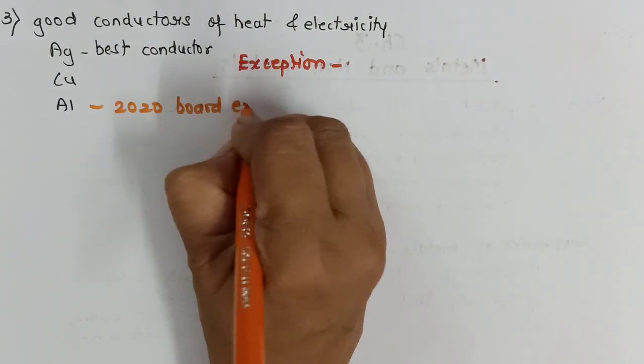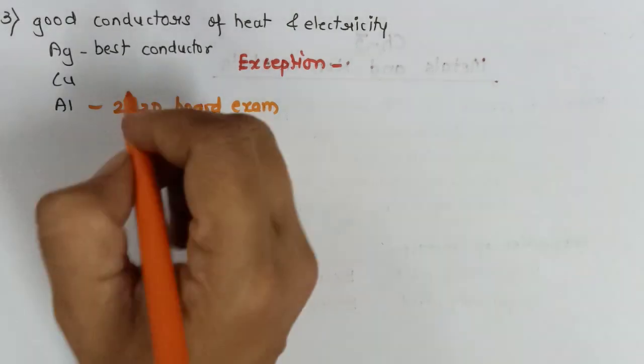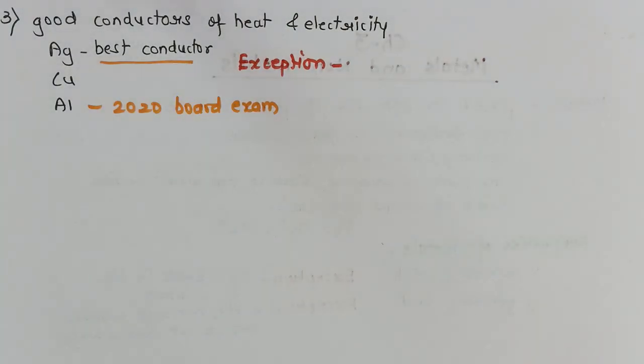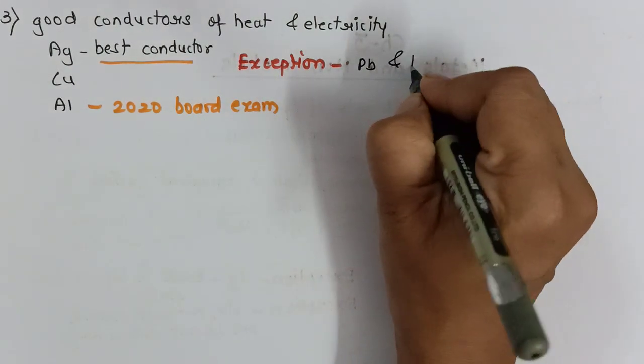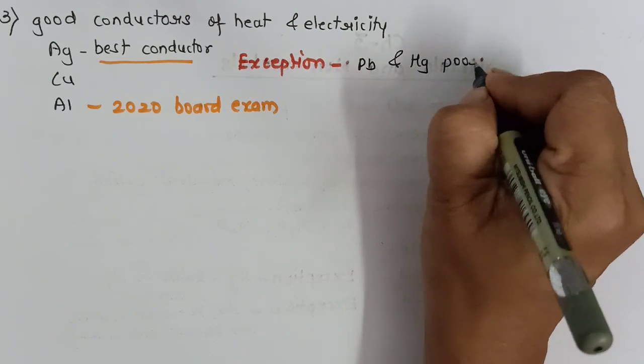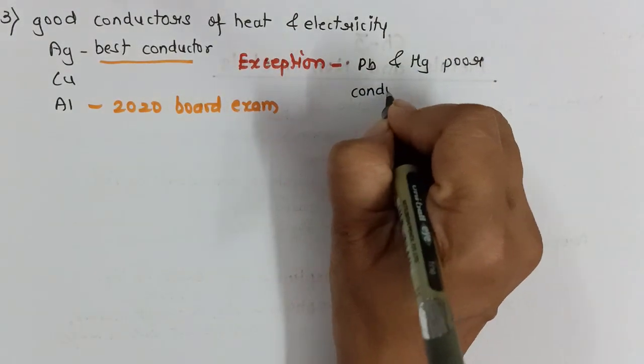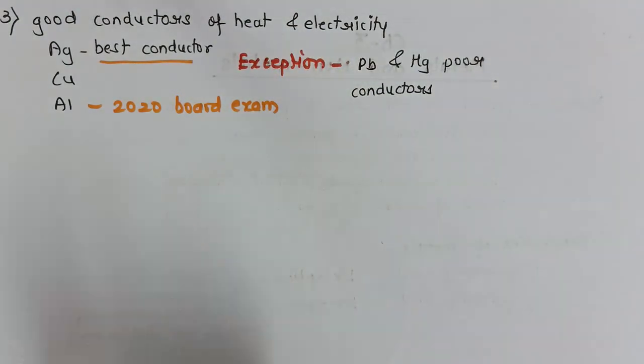Not about aluminium, but which is the best conductor of heat and electricity. Again, here we have an exception. Comparatively, lead and mercury are poor conductors. So with every property you will find one or the other exception.